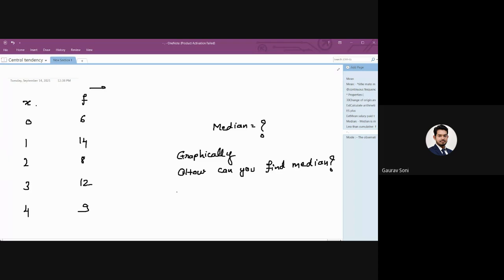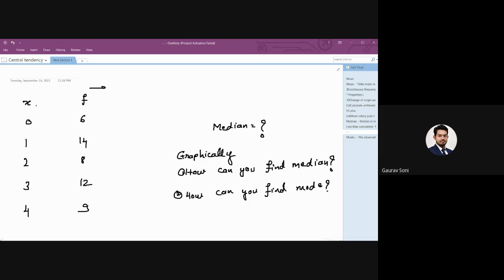And second, how can you find mode? I need you to think on these two things. In the next lecture, I will discuss graphically how we can talk about median and mode. And also, we'll talk about geometric mean and harmonic mean.